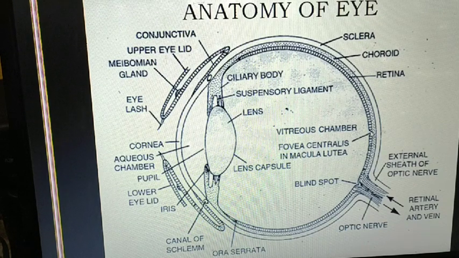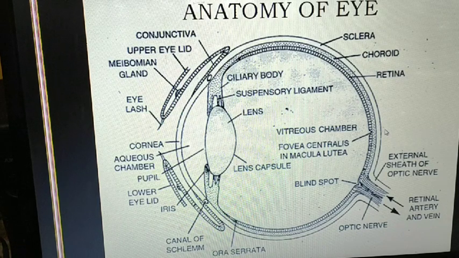It contains a shallow depression called fovea centralis. It contains only cone cells, without rods and blood vessels. It is the place of most distinct vision.